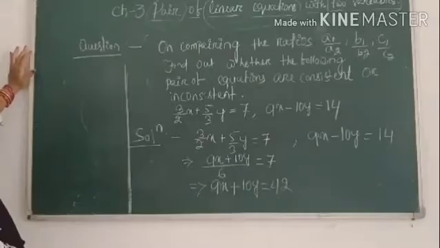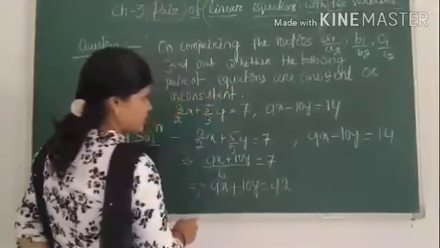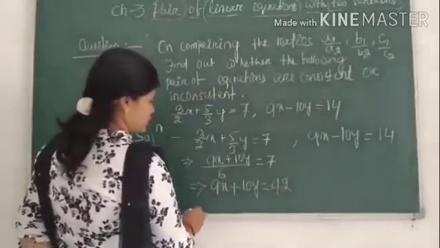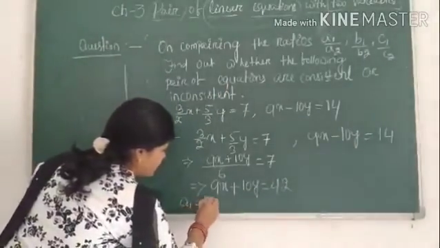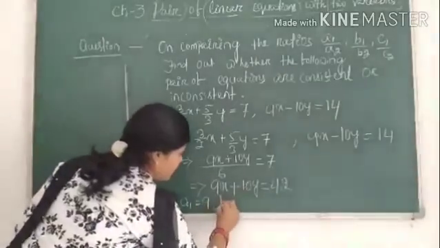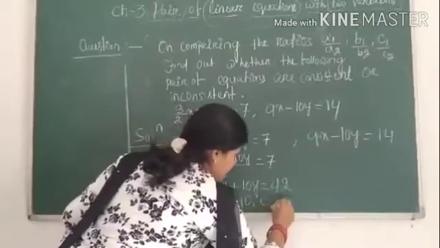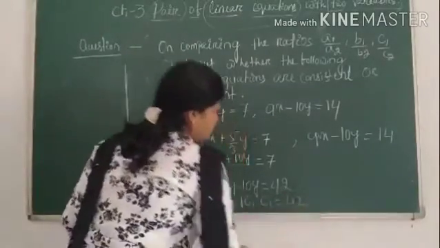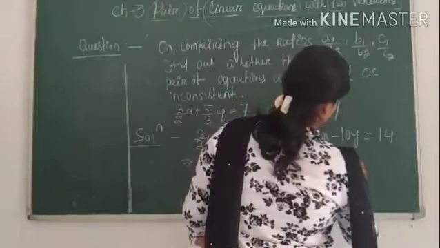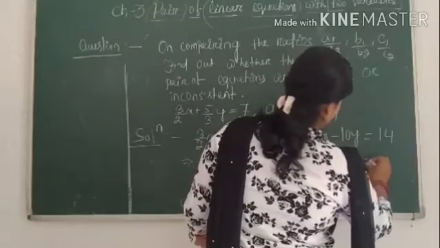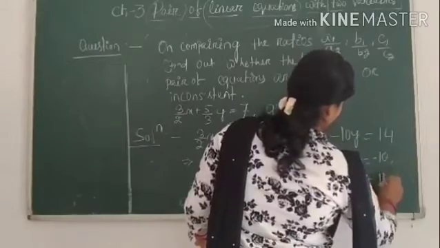So first write down. Here A1 is your 9, B1 is your 10 and C1 is your 42. Here A2 is your 9, B2 is your minus 10, C2 is your 40.